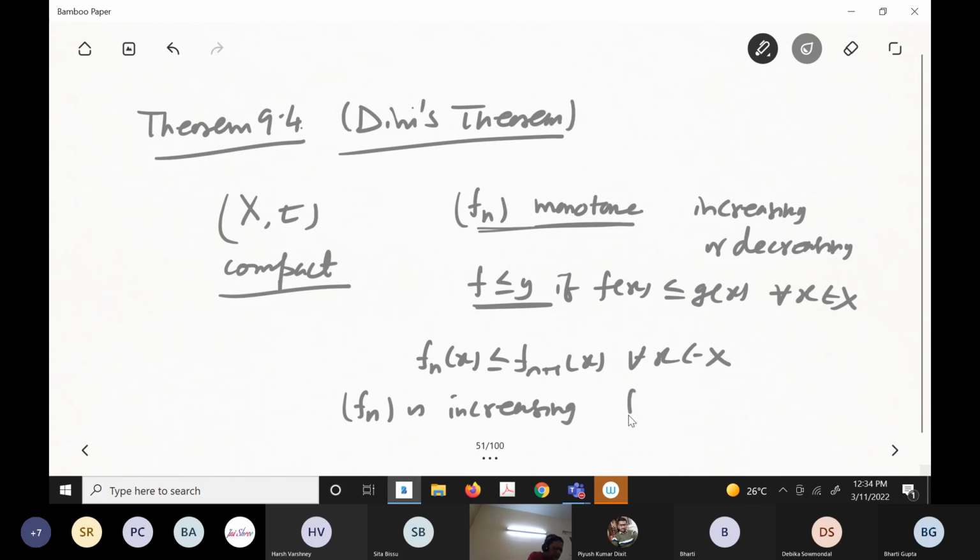And often we use this notation, the arrow. It means it is increasing. And the opposite thing will be decreasing. That means if you take this, for all x and for all n, then fn is called decreasing.